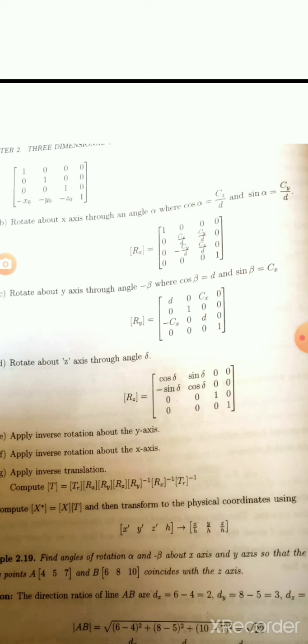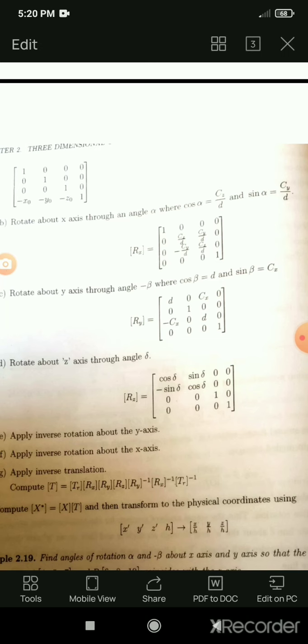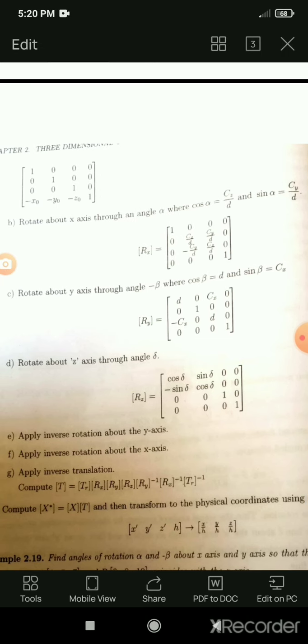Next is rotation about the y-axis through an angle minus beta, where cos beta is d and sin beta is cx.